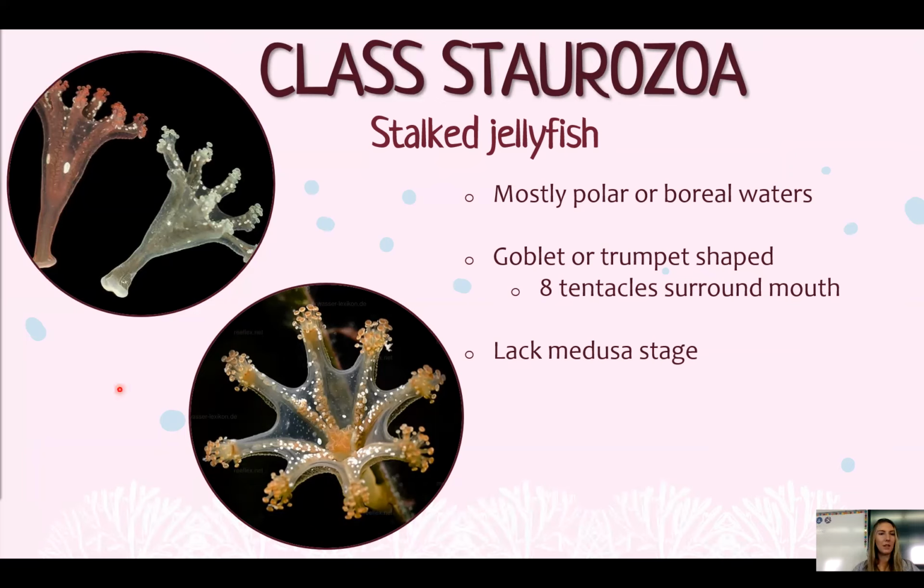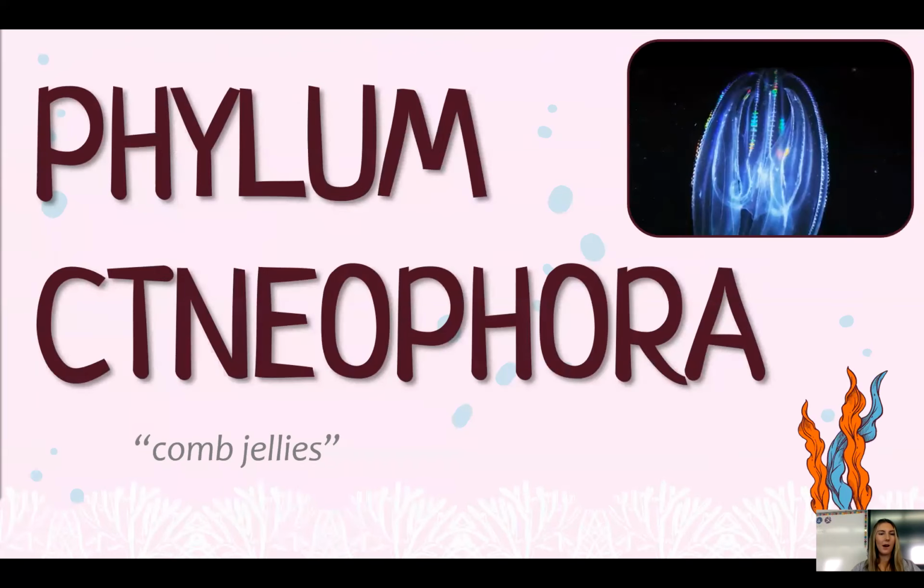They have a goblet or trumpet shape, and they have 8 tentacles that surround their mouth. They do lack a medusa stage. And an interesting fact, even though they have that polyp shape, they internally function more like medusa than like polyps.